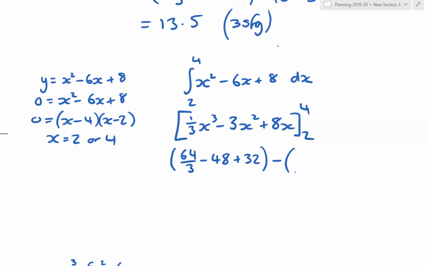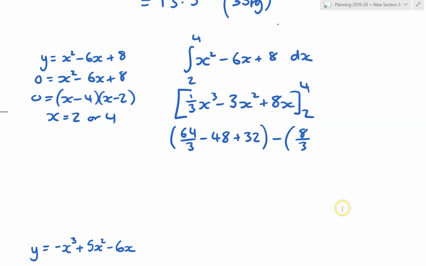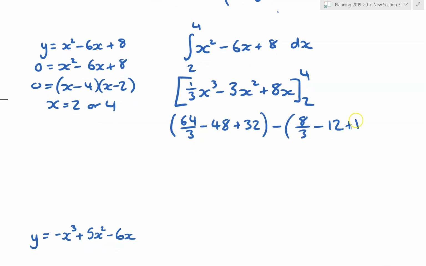Sub in the 2 cubed is 8. Then 4, 3 is 12, and plus 16. And again, you could work that all out in your calculator. You end up with -4/3. So the area is 4/3. And the negative just tells me that it's below the axis.